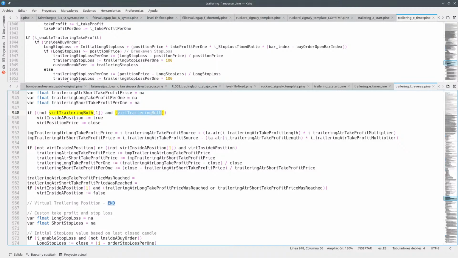Yeah, that's a good question. How the hell do I handle this properly? So if you were in a position, or if you are in a position, I mean, the question is, should I check the current candle or the previous candle to know if I want to close or not? That's the question.